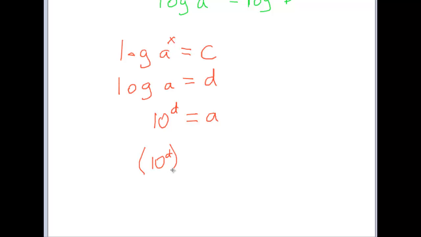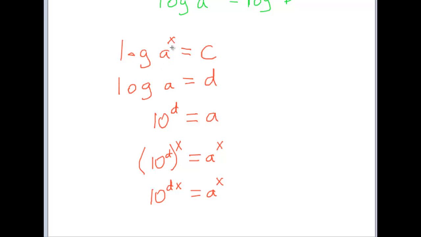If we raise both of these to the power of x, we get 10 to the d to the x is equal to a to the x. Well, 10 to the d to the x is the same as 10 to the power of dx is a to the x. So what are we saying here?